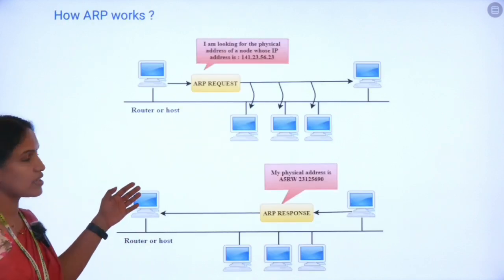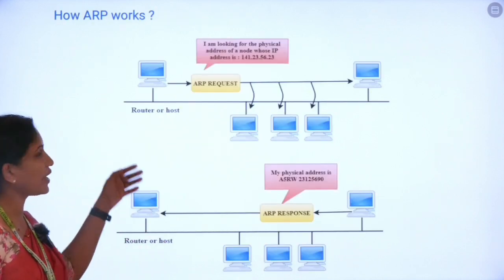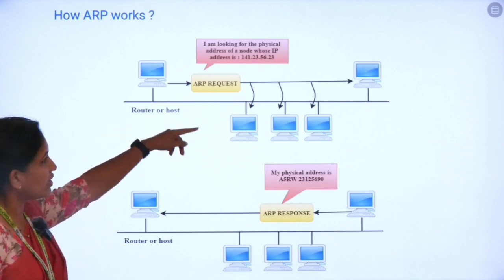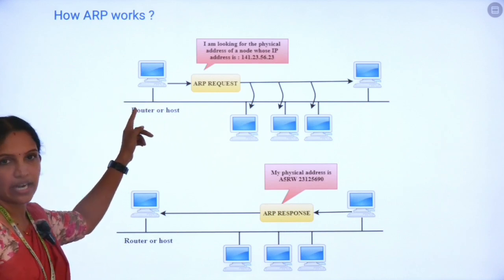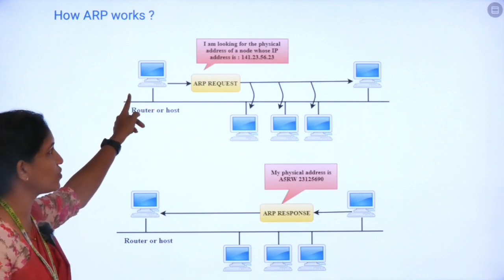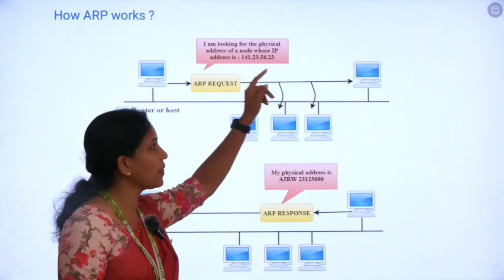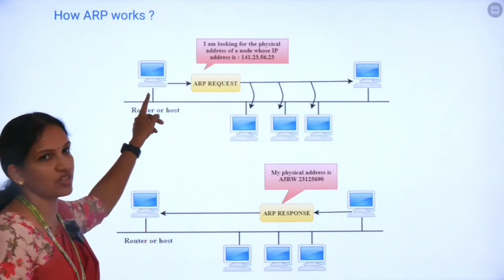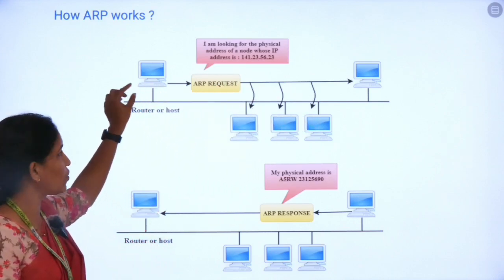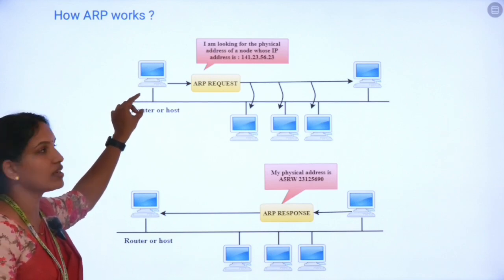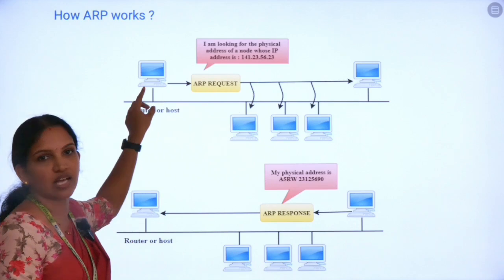This diagram will explain the working of ARP. Here we have a LAN and 5 computers are connected in this LAN. Assume that this machine wants to communicate with this machine. This machine already knows the IP address of that machine, but it is not aware of the MAC address of that machine. So it will first look into its ARP cache to see whether the MAC address of that particular machine is available.